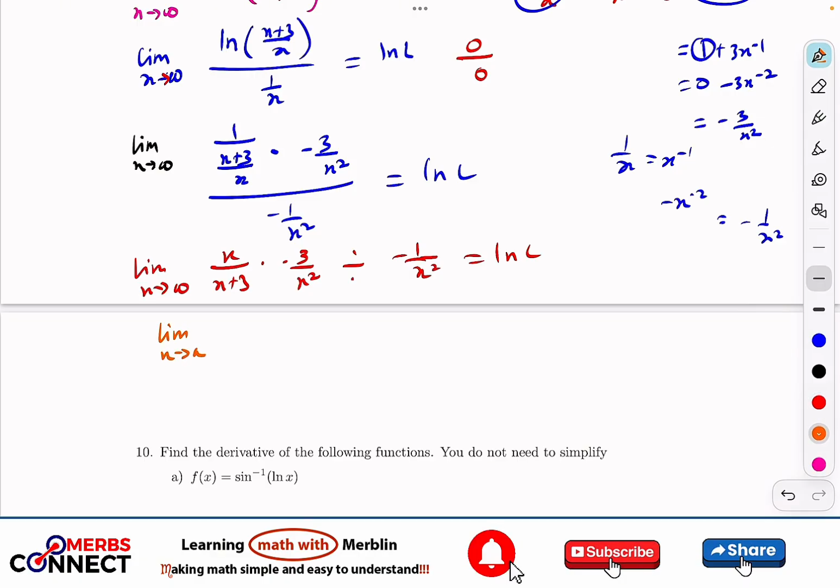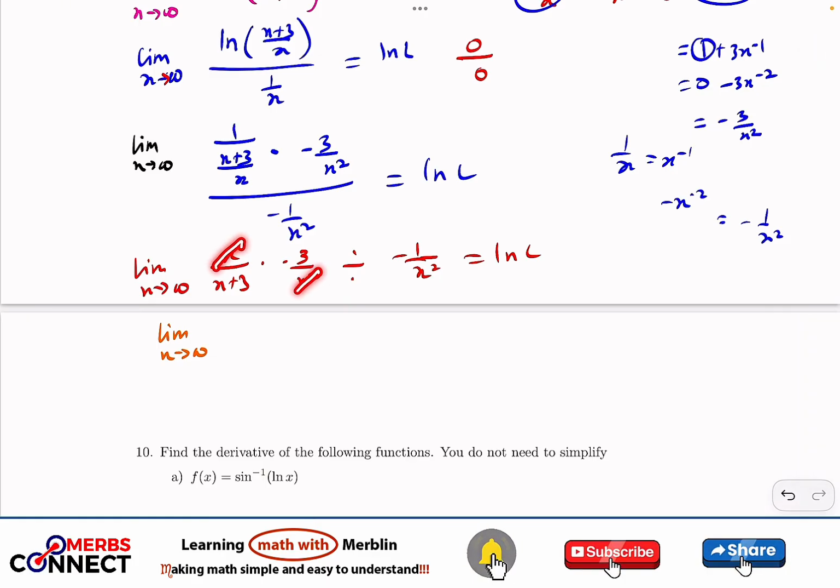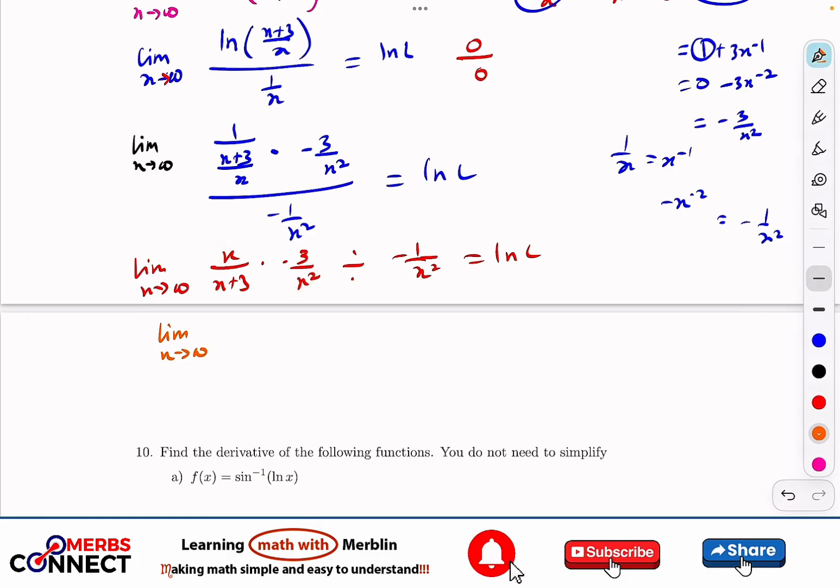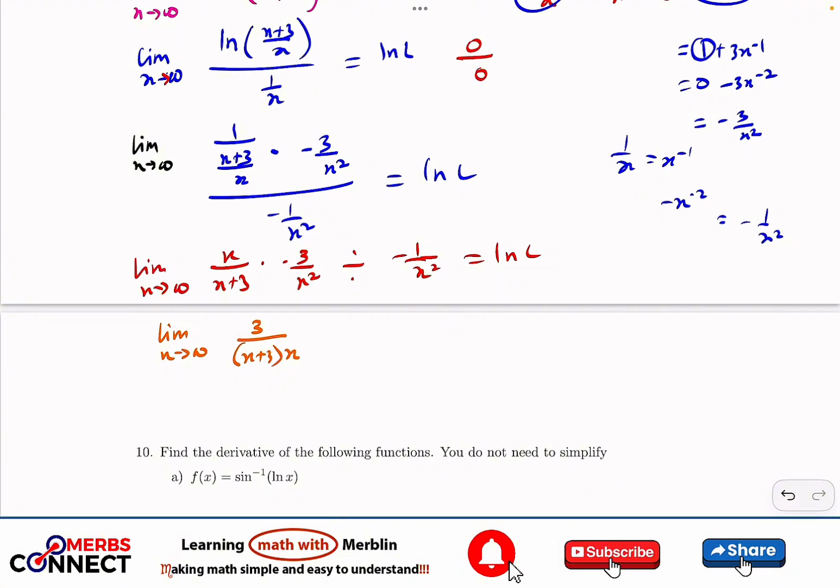This is the same as the limit as x approaches infinity, and here I can cancel one of the x, so I'm going to have 3 over x plus 3 times x. When I cancel one of the x, it will be left with one of the x here, and there will be 3 here.